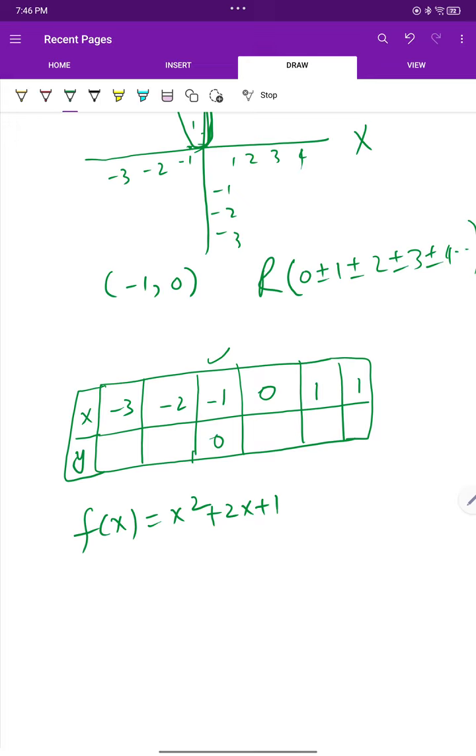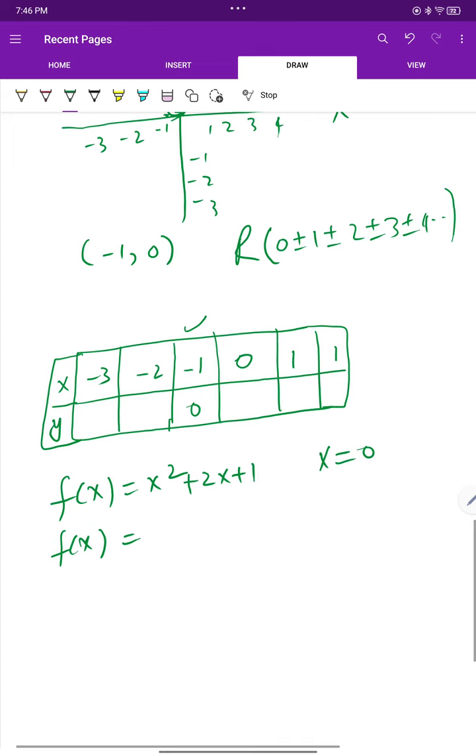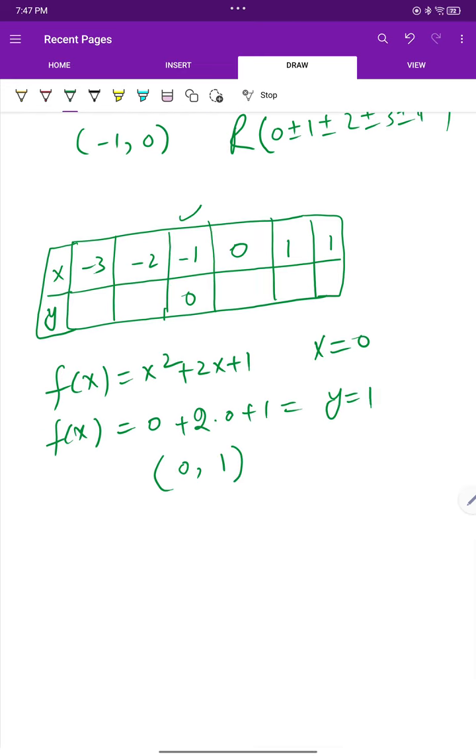So what you do for the other values in this function f of x, you put x is equal to 0, because x is -1 we got from the vertex where it touched the x-axis, and the y, these two coordinates we got. For the other, you put 0: 0 plus 2 into 0 is also 0, plus 1. So here you got y value is equal to 1. So x is 0 and y is 1.